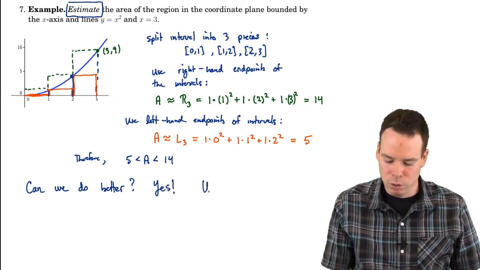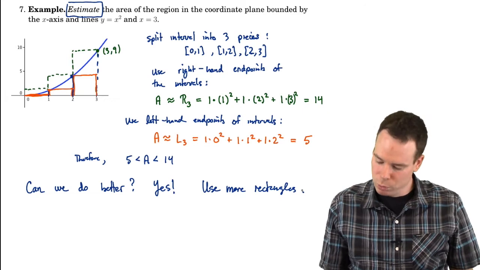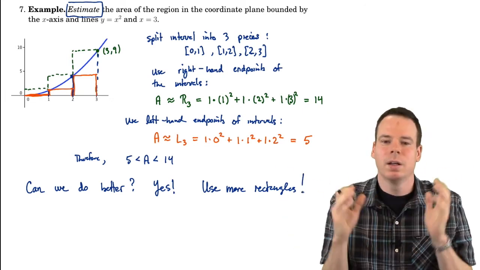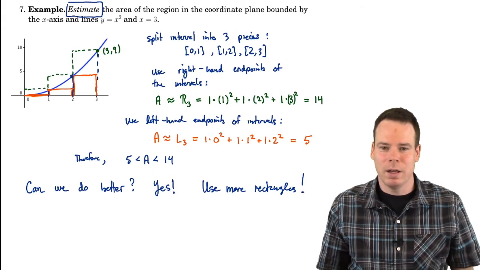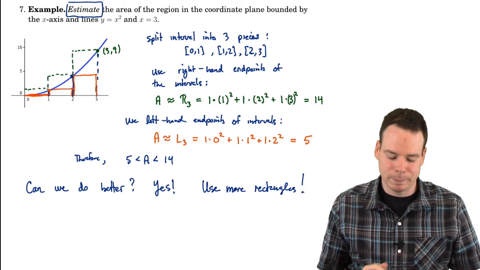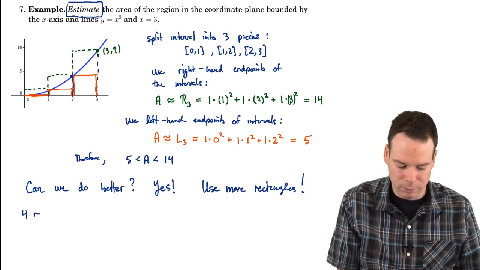How? Use more rectangles. Make them thinner. Use more of them to approximate the area under the curve. And if you do that, then you'll get a better approximation. So can we do better? Yes, use more rectangles. So let's use 4 rectangles now.